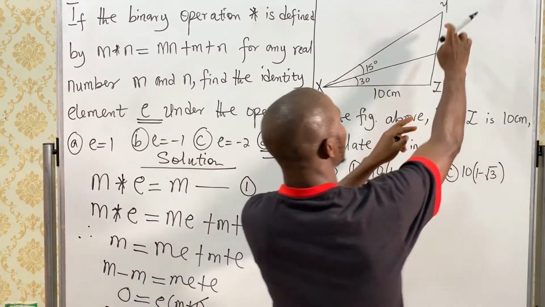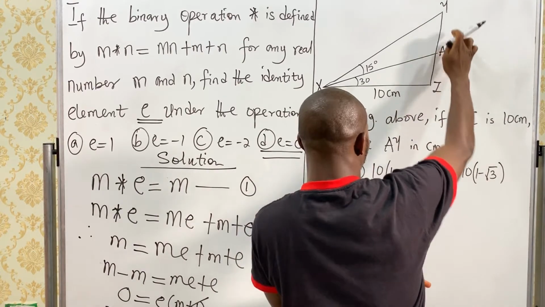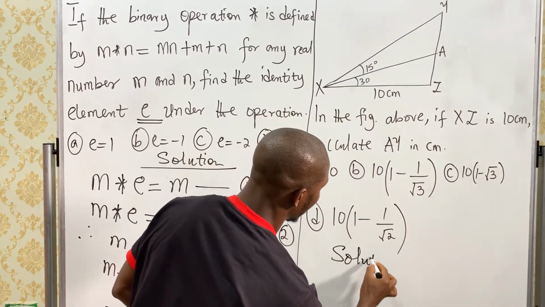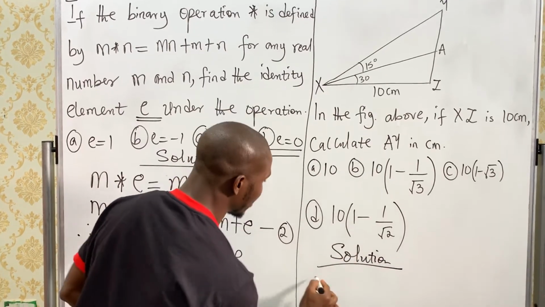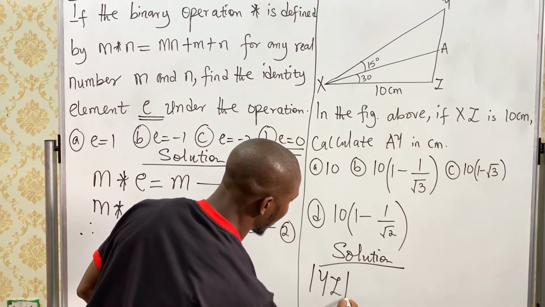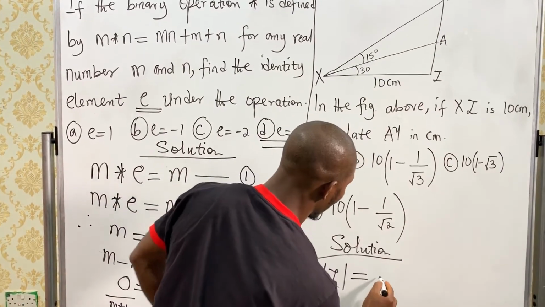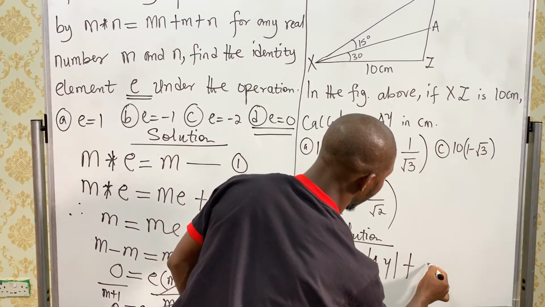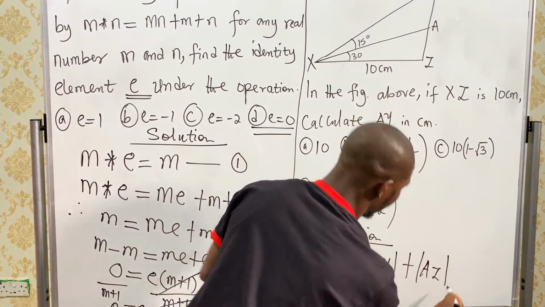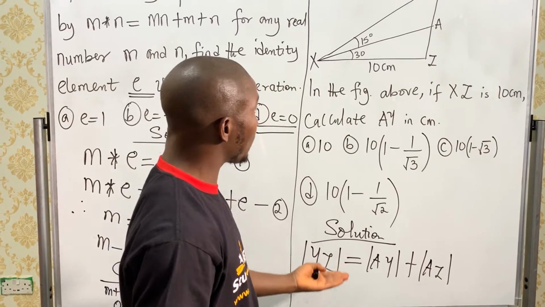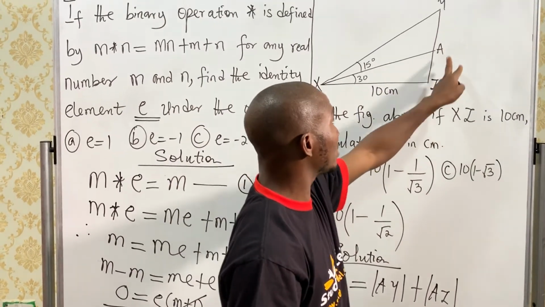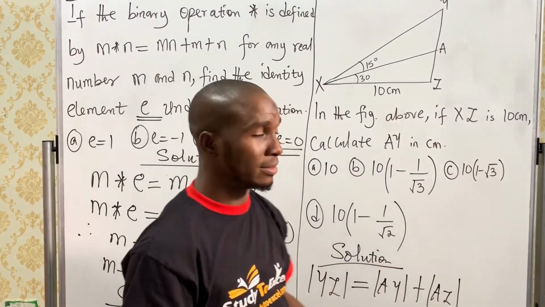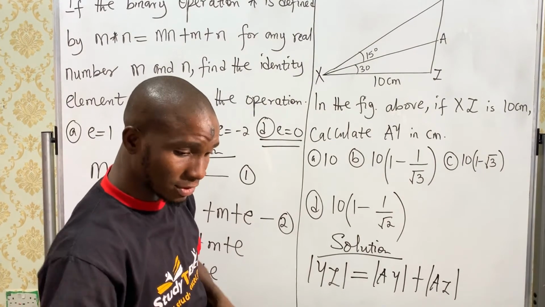Remember that from this relationship here, we can see that YZ is equal to AY plus AZ. Meaning that if you can get your YZ and you can get your AZ, then you can get your AY. That is the meaning. So you can continue on the other side of the board.